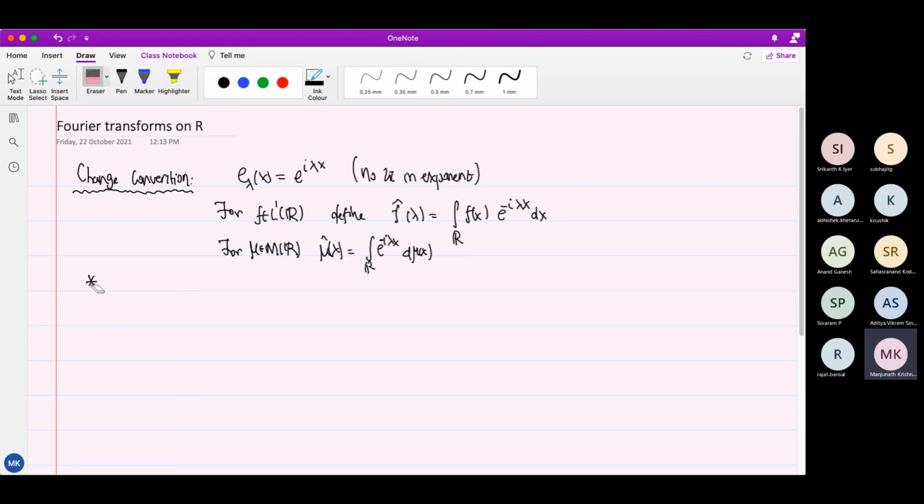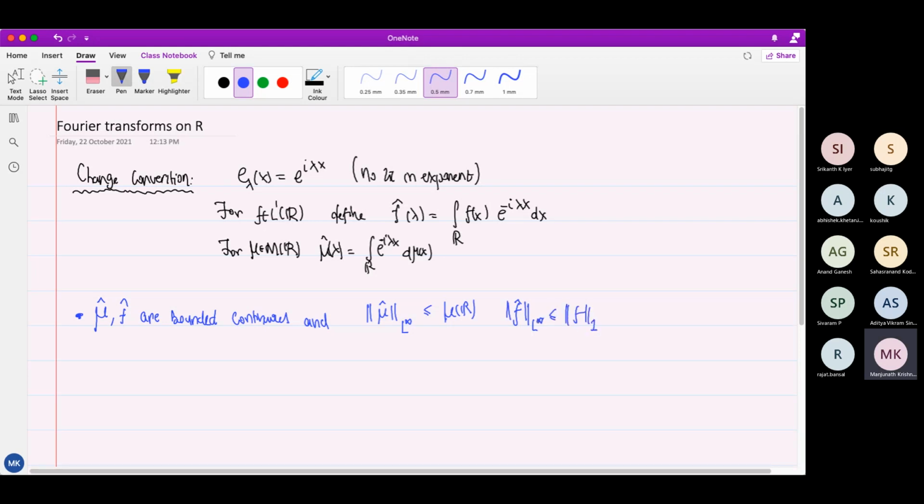So many things that I have said are true, and I will not write all of them. So for example, mu hat and f hat are bounded continuous, and bounded in fact by less than or equal to mu of R. Similarly, f hat is bounded by the L1 norm of f.